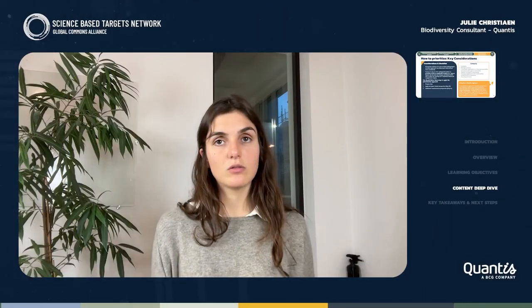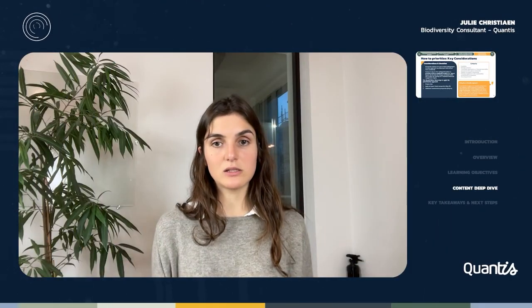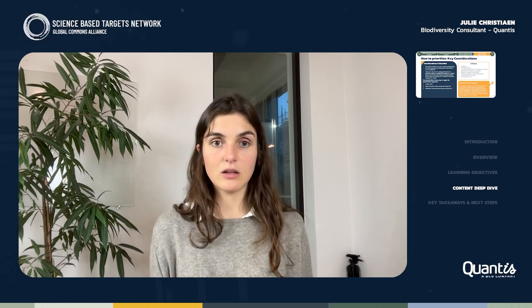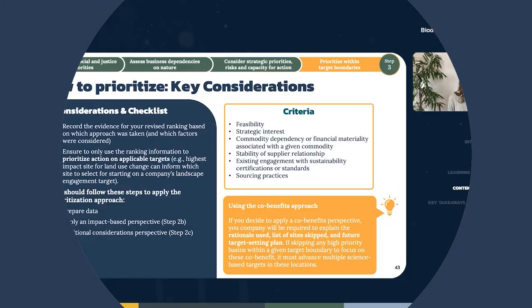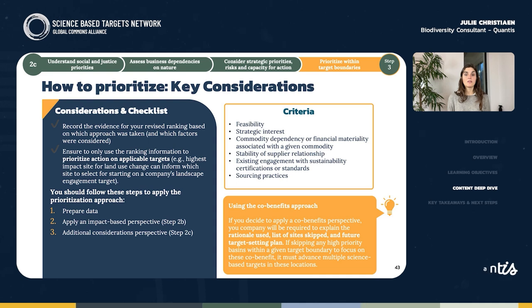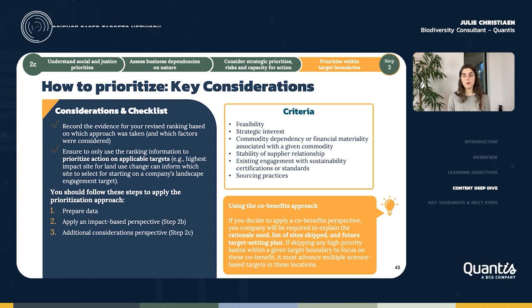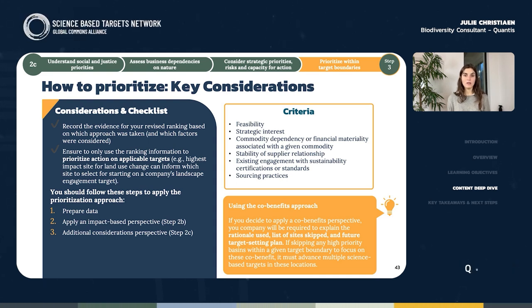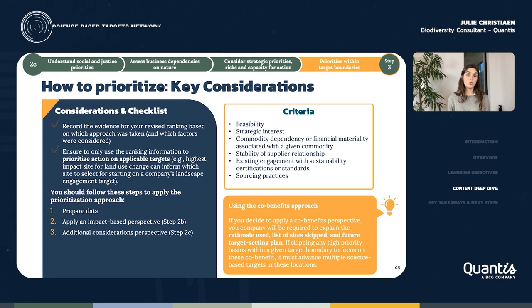Companies must retain in this process the full rank list of locations and activities that are identified as priorities in Step 2B. They can then provide this with the results of their evaluation. That means, for example, as a column of additional information in a table of ranked locations.